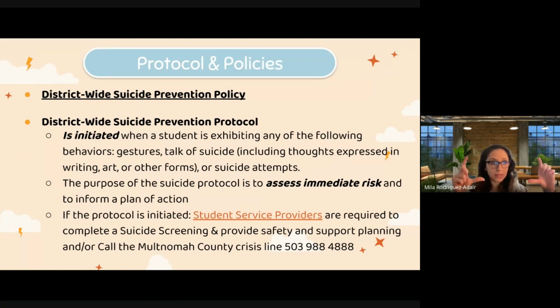And so there is a policy. We also have a protocol district-wide of what to do when a student does have gestures, talks about suicide, including thoughts and or expressed in writing and or expressed on social media, in a text message, etc., of what to do, right?